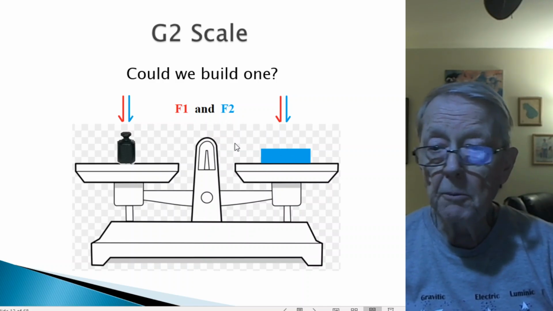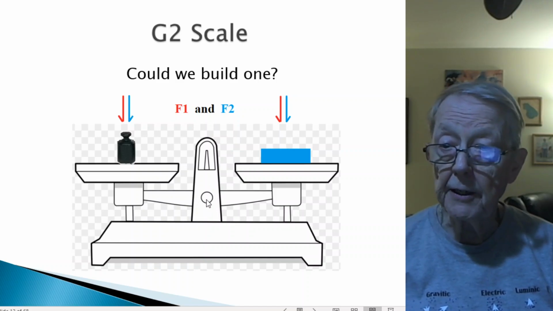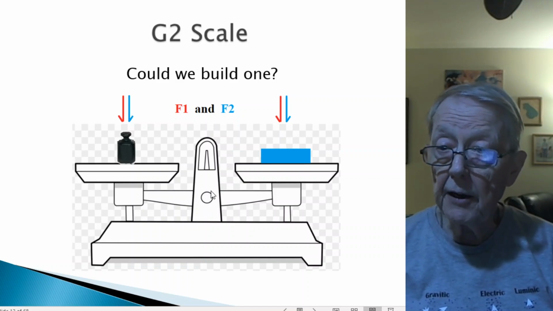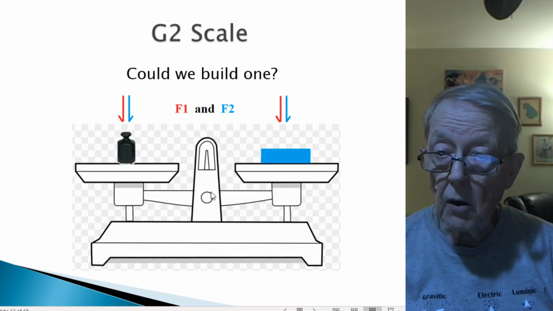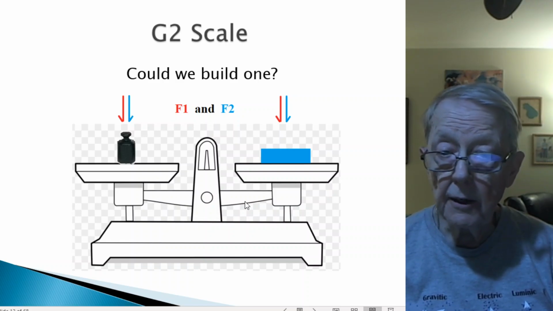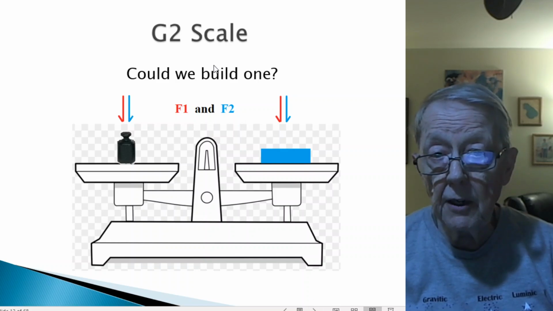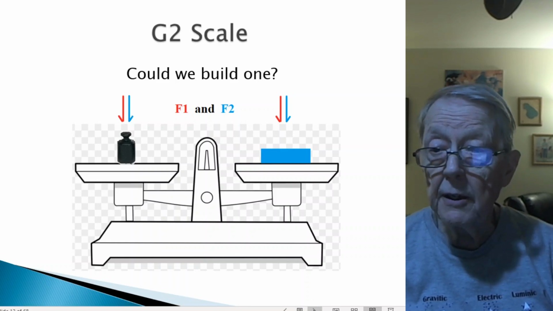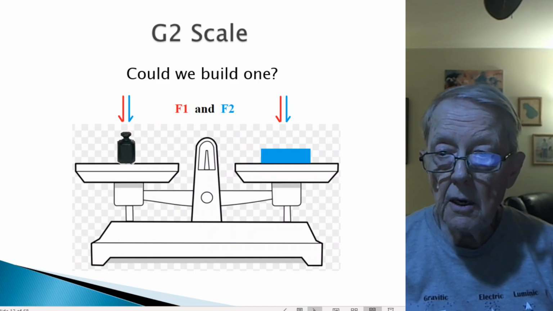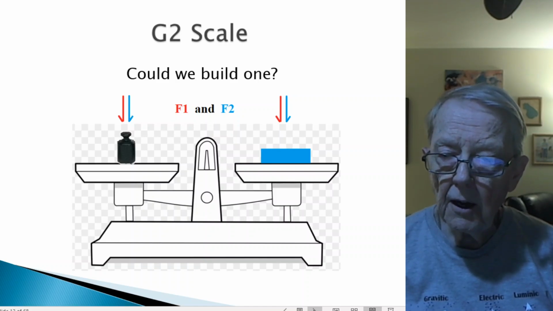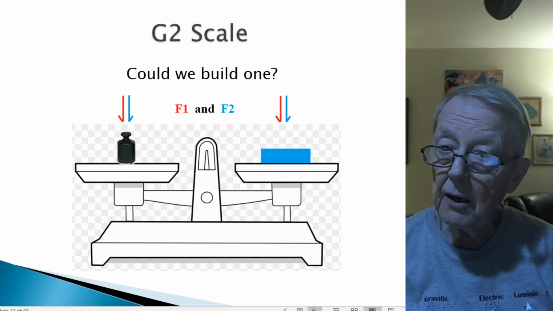Well, my first impression is that you'd have to build a scale out of G2 atoms, level 2 atoms. That's not likely to happen. So my initial answer is no, you can't build an instrument to measure the mass of the electron.